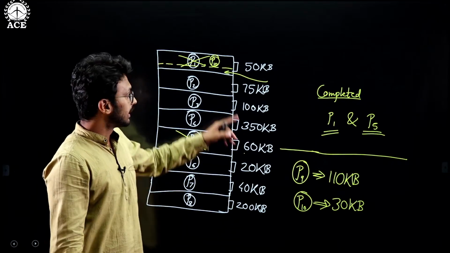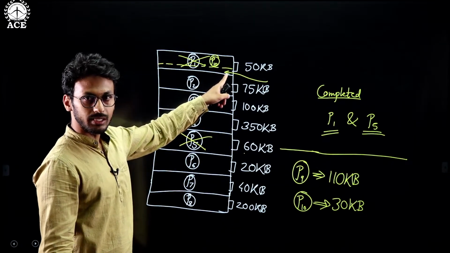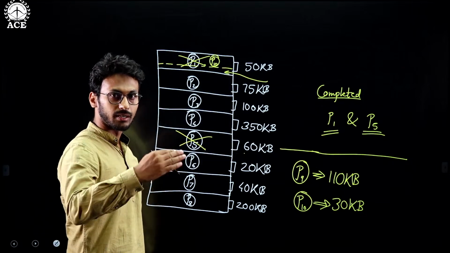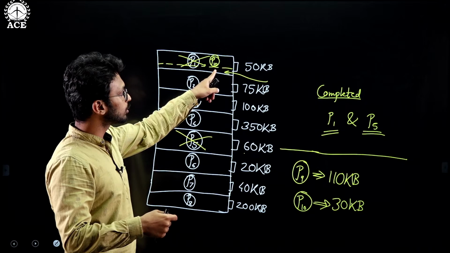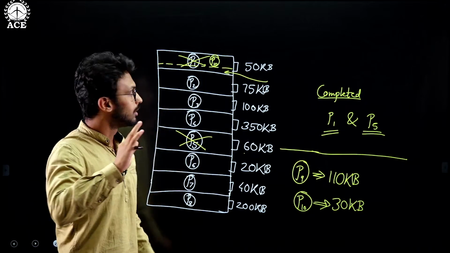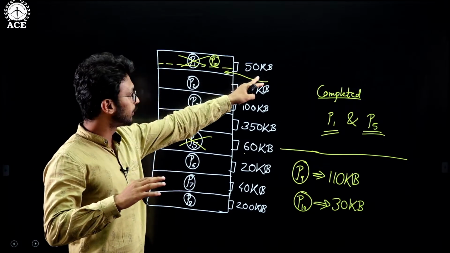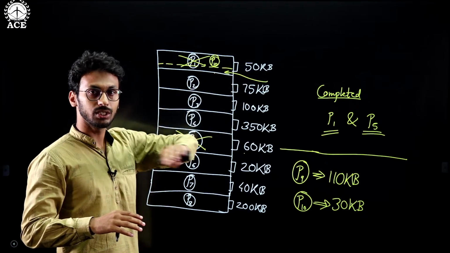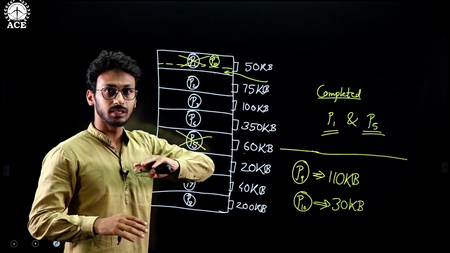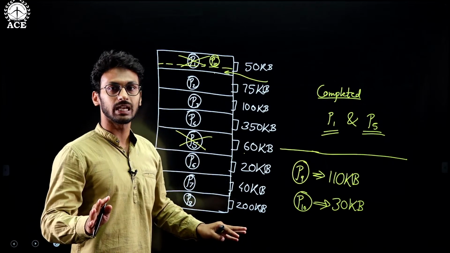Now, even though 20 KB is free, if another process of size 20 KB comes, we won't be able to store it here. Are you able to get it? Because this partition is of 50 KB and 20 KB is available, still you won't be able to place it, because in every partition only one process can be placed. That's it.